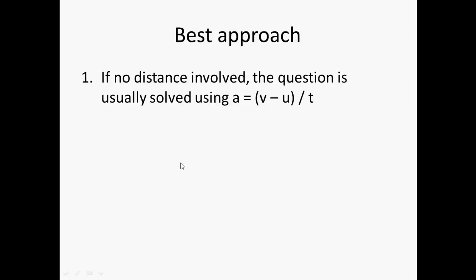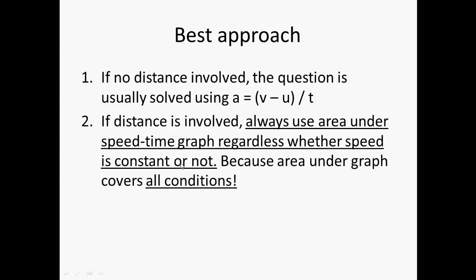You can use a equal to v minus u over t, and you will always be able to solve it. Now, if distance is involved, the best approach is always to use area under the speed time graph, regardless of whether the speed is constant or not. Why? Because area under the speed time graph covers all conditions, so you will not get it wrong.